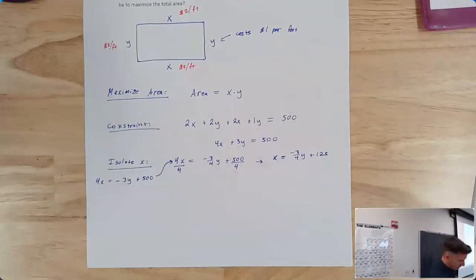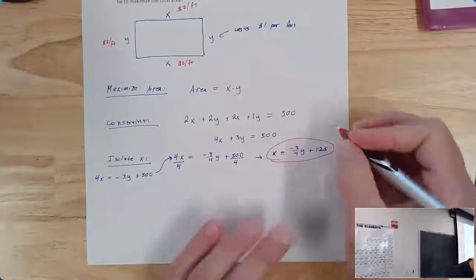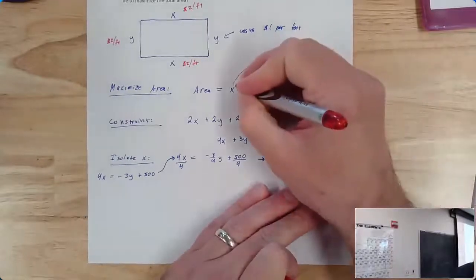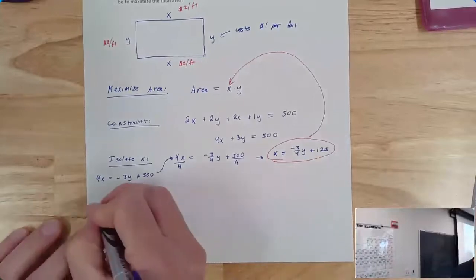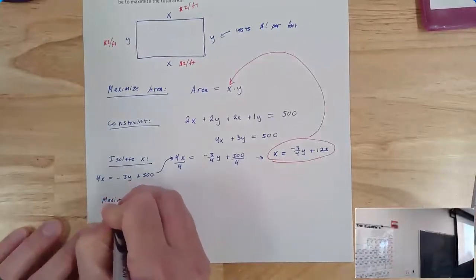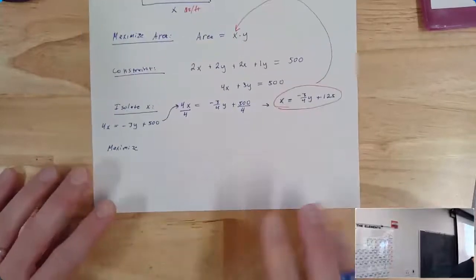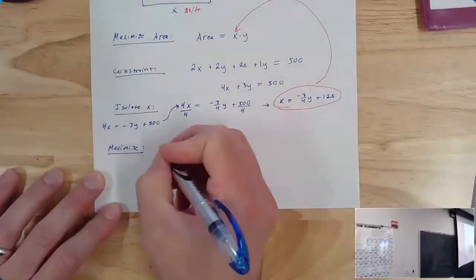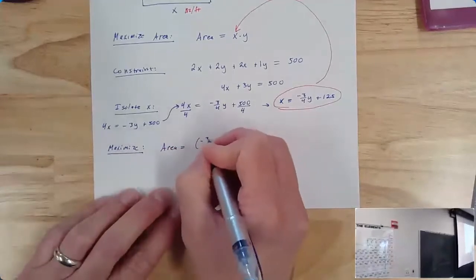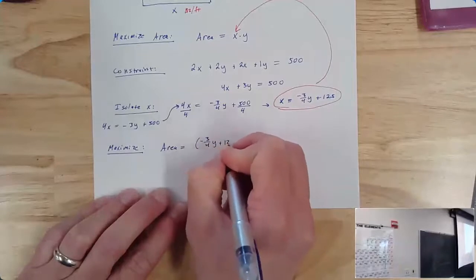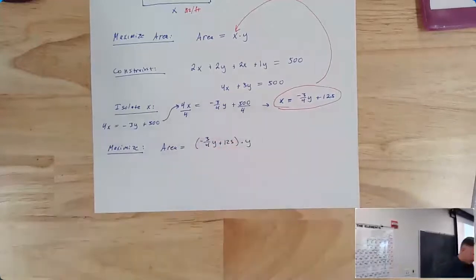All right, so now I'm going to throw that back into the thing I'm trying to maximize. So now I really want to maximize area equal to negative 3/4 Y plus 125 times Y, which I am going to multiply out so that I can see what the A and B are in my parabola.